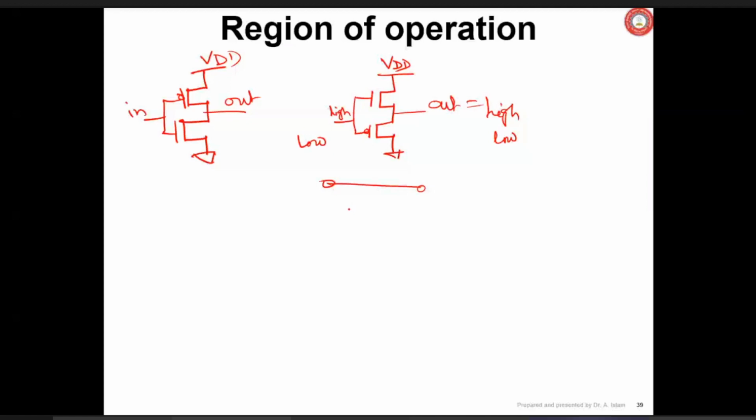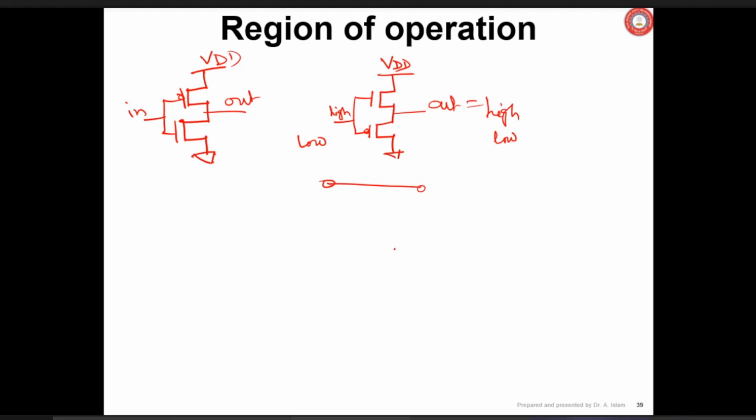Anyway, we'll study in future also, but is buffer used this way, putting a MOSFET at the top and a MOSFET at the bottom? If not, how is it done?